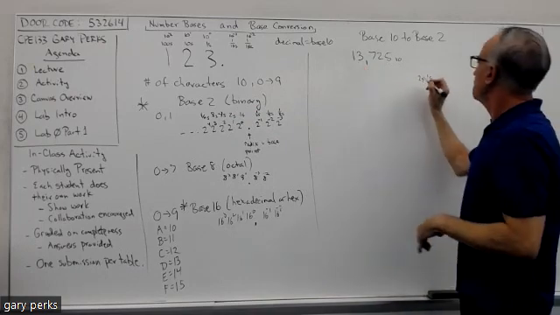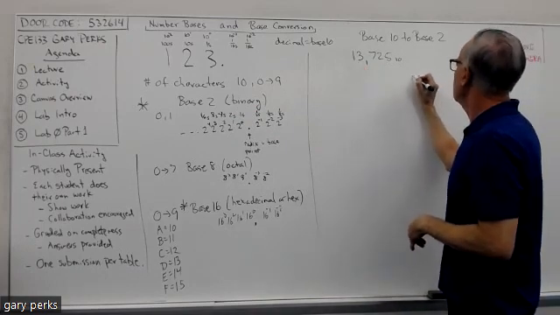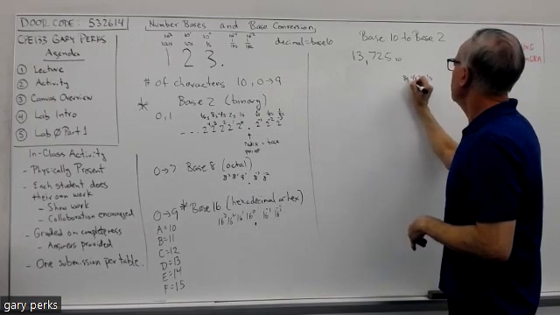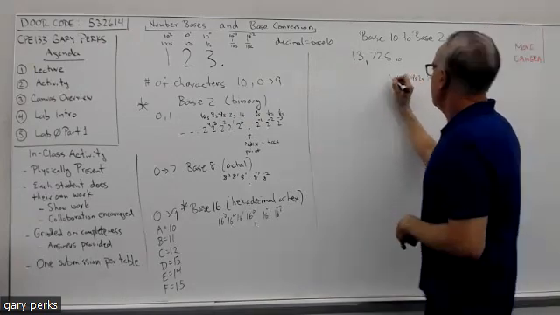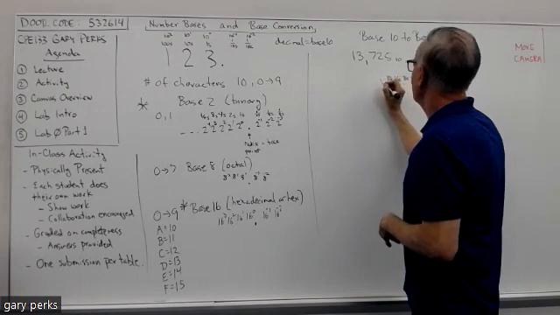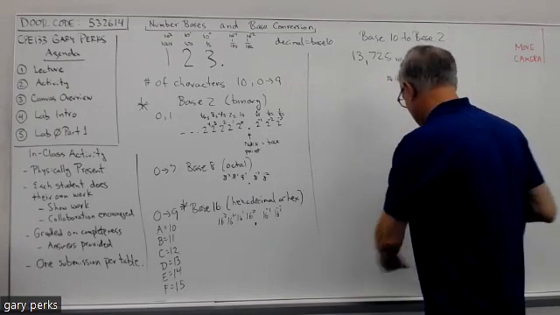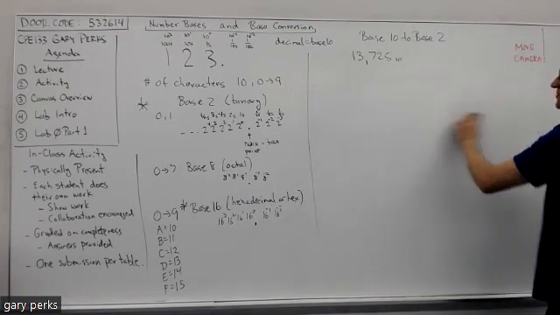So you see ones, twos, fours, eights, 16s, 32s. Hopefully I don't run out of space here. I probably should have started over. Let's start further over so I don't run out of space.